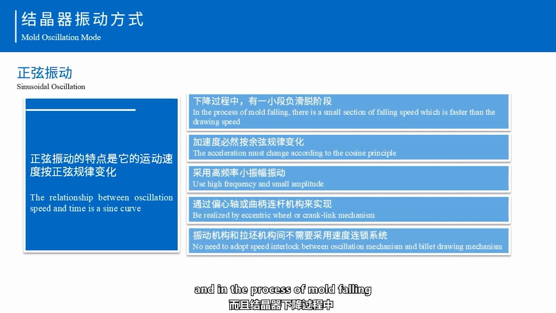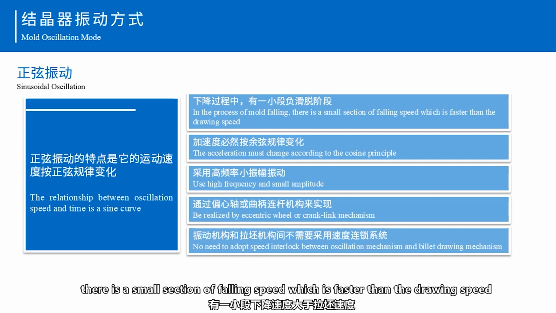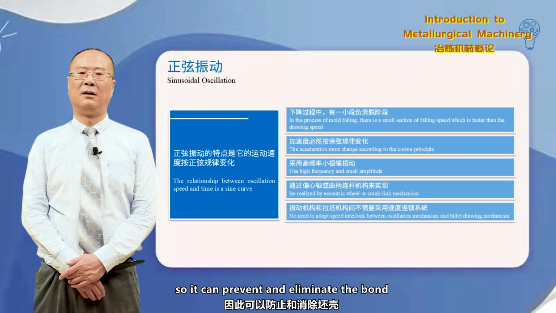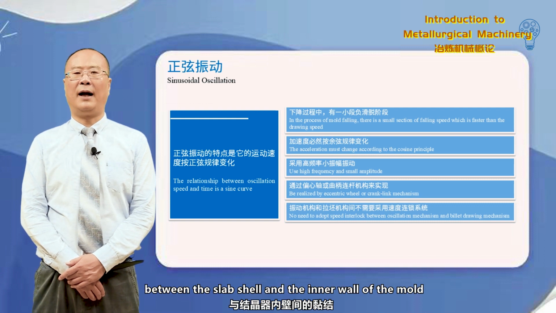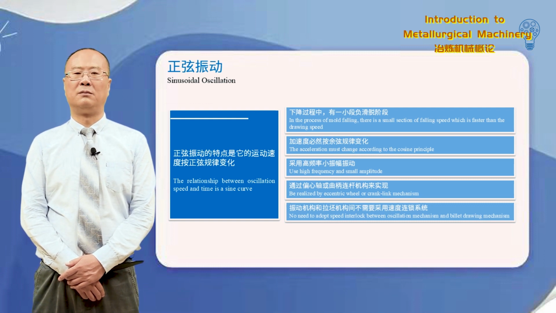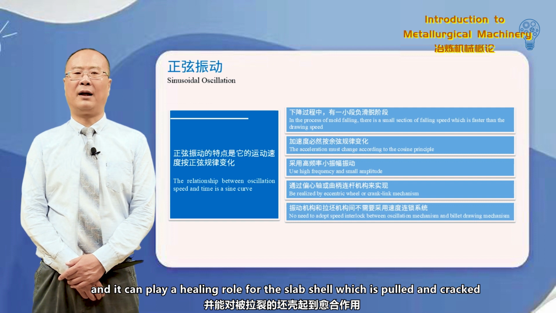And in the process of mold falling, there is a small section where the falling speed is faster than the drawing speed. So, it can prevent and eliminate the bond between the slab shell and the inner wall of the mold. It can play a healing role for the slab shell, which is pulled and cracked.